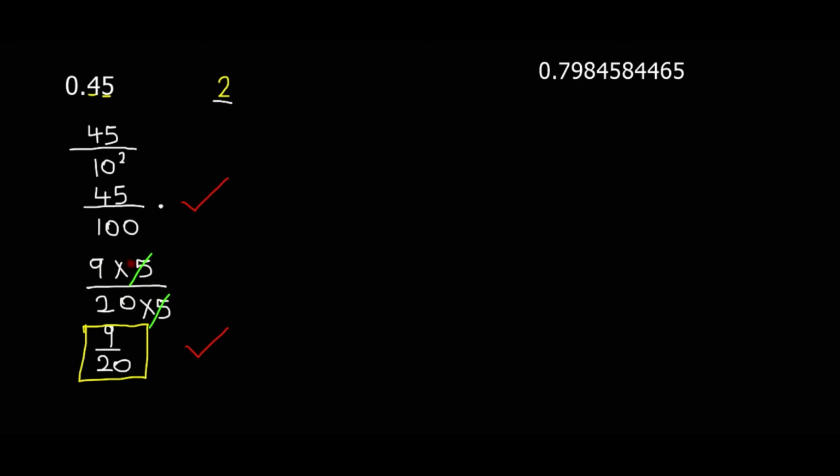If you write this step and then follow with this step, it doesn't mean you get marks for this step. But if you get confused and fail to simplify, you press this number on the calculator, it will give 9 over 20, and you will get full marks. So anyway, that's it for this example.